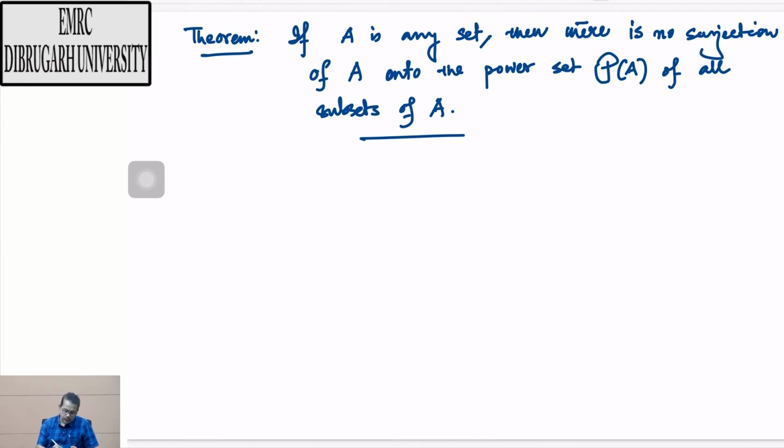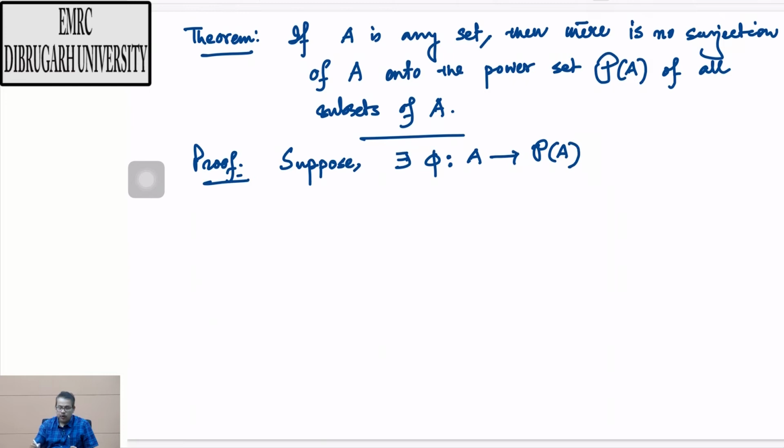Now, for the proof, suppose on the contrary there exists a surjection phi from A to P(A).